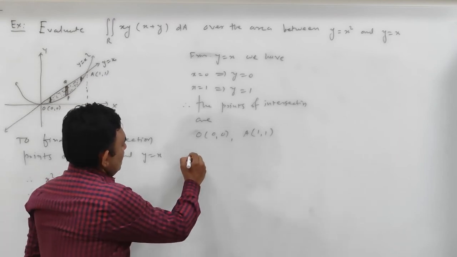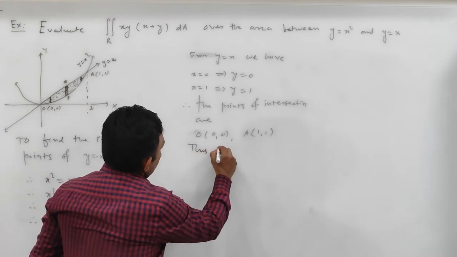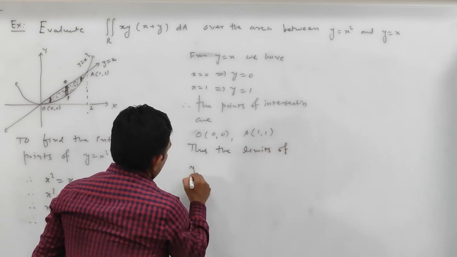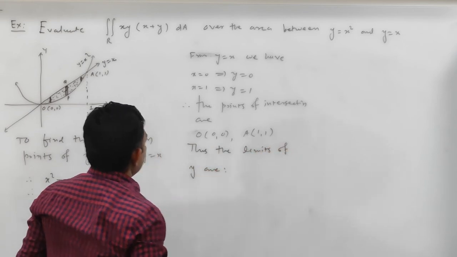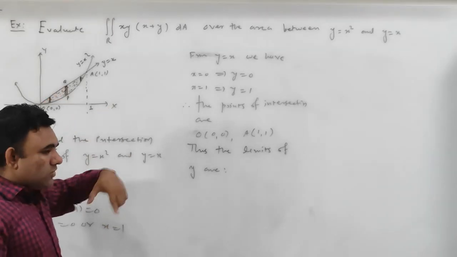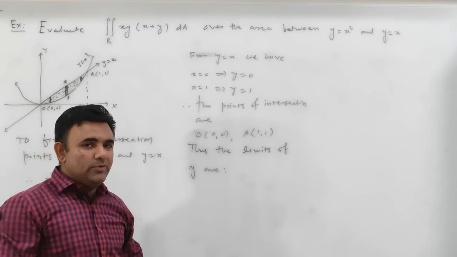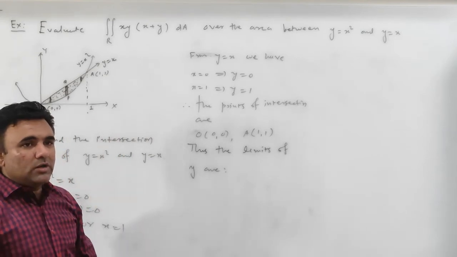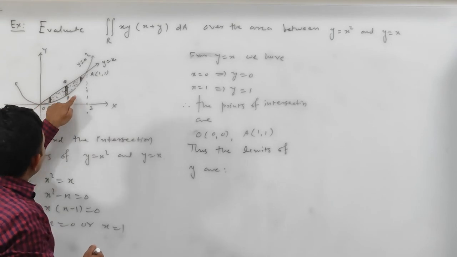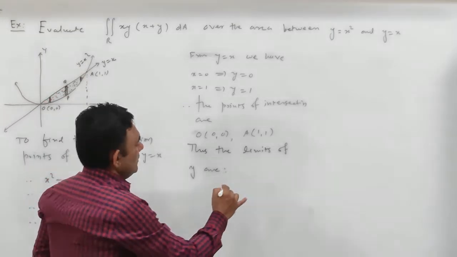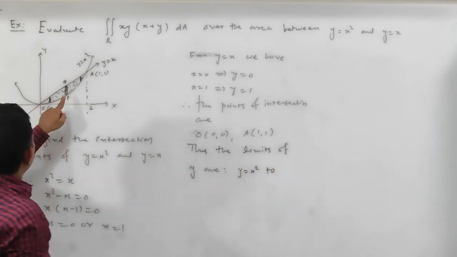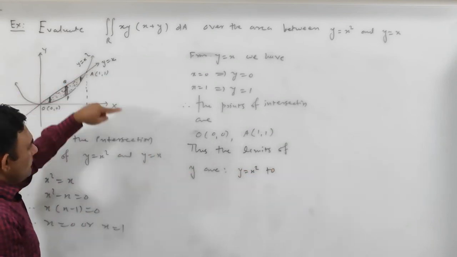So thus the limits of y are always, now here we have considered vertical strip, so limits of y will be variable, and the variable limit of y will be in terms of x. So the bottom end is on y equal to x square, so y is equal to x square, and the top end is on y equal to x.